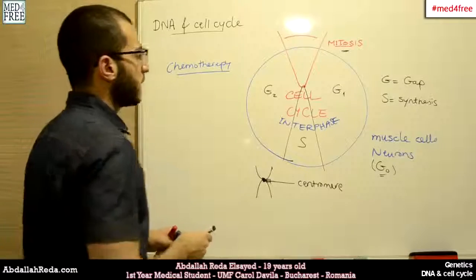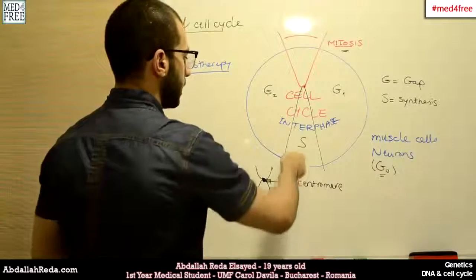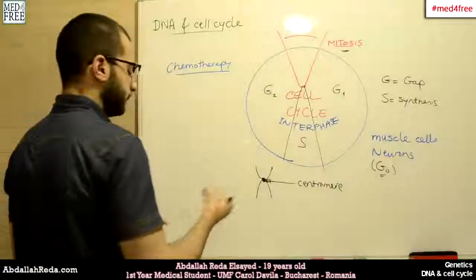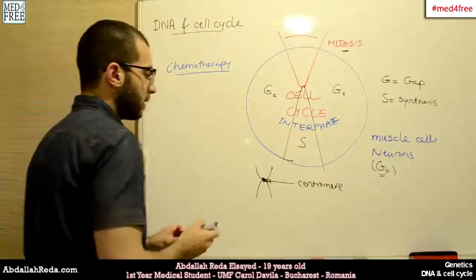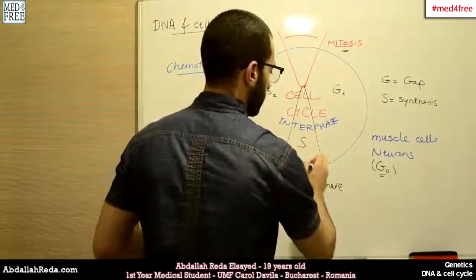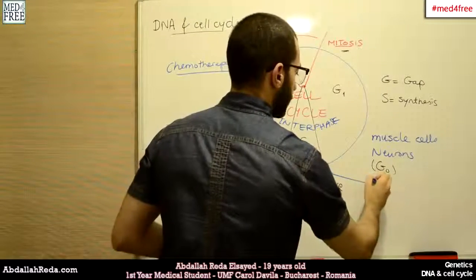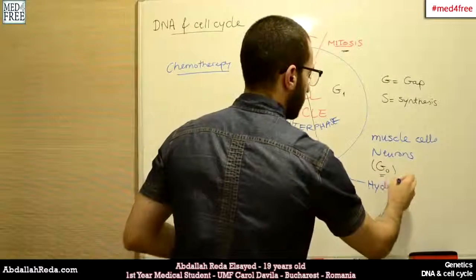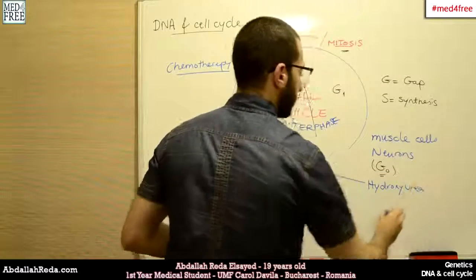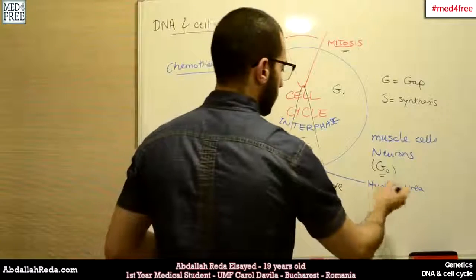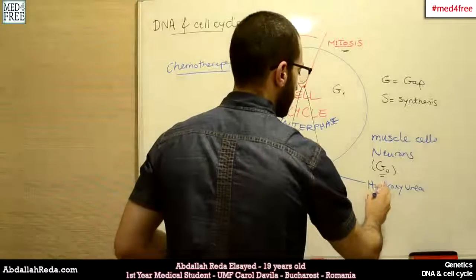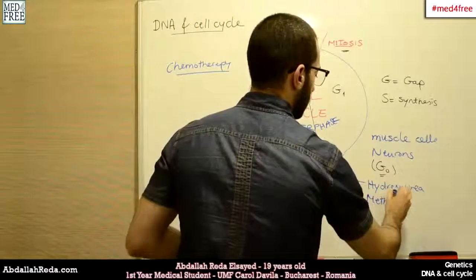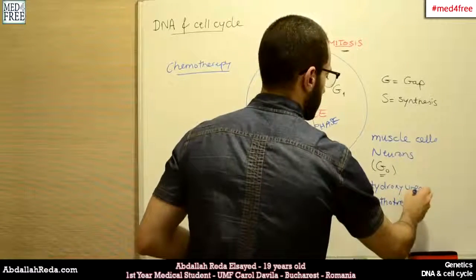For example, we have drugs that target the S phase, like hydroxyurea. We have one of the very famous or commonly used drugs, methotrexate, which also targets the S phase.